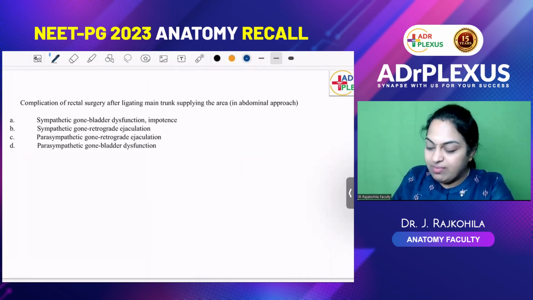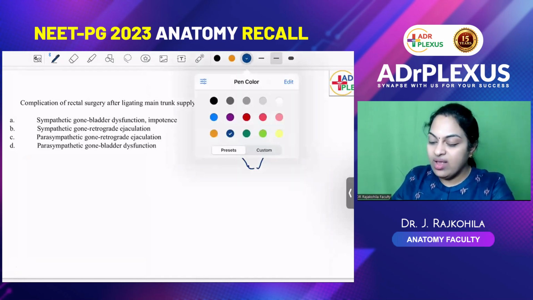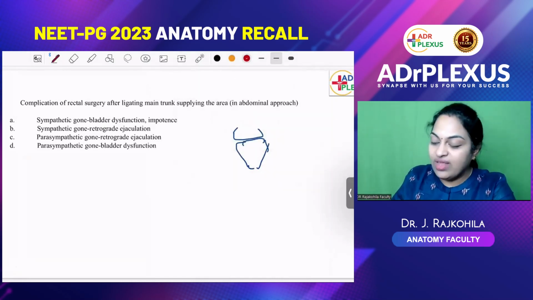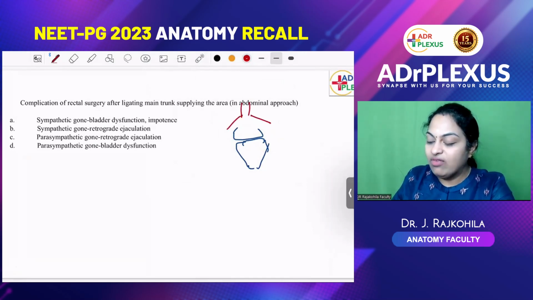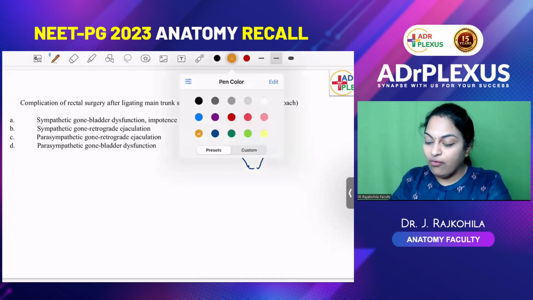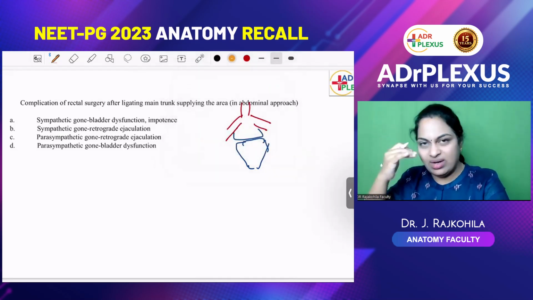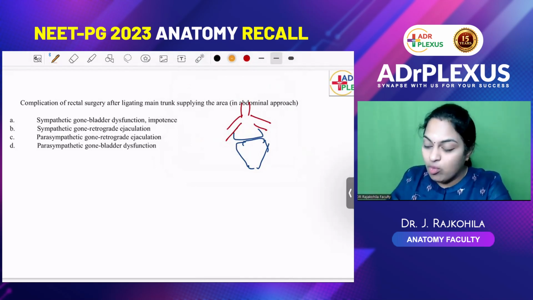So I'll just give an explanation here. This is the sacrum. You know, the sacrum is a triangular bone. You have the lumbar vertebra above. What is the level of bifurcation of the abdominal aorta? L4, isn't it? Now, below the bifurcation of the aorta, opposite the lower lumbar vertebra or in front of the sacral promontory, you get to see a plexus.